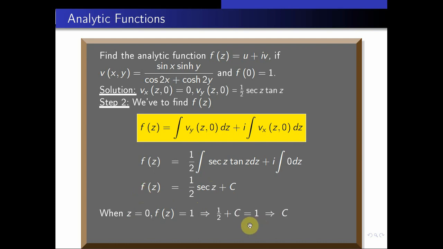This implies that c is equal to 1 minus half, which is equal to half. So we found the value of c is half. Therefore f of z is equal to half secant z plus half, or I can write this as (secant z plus 1) by 2. See, this is the corresponding analytic function of the given v, and this is the answer for this problem.